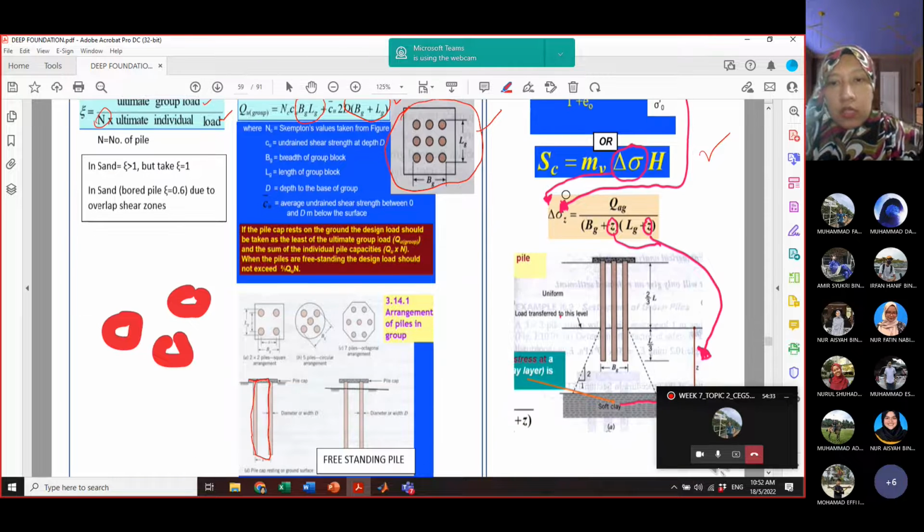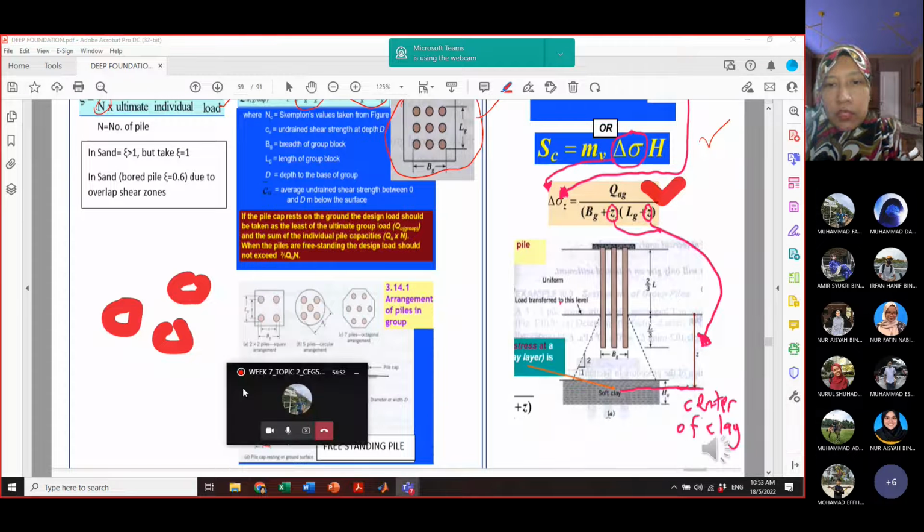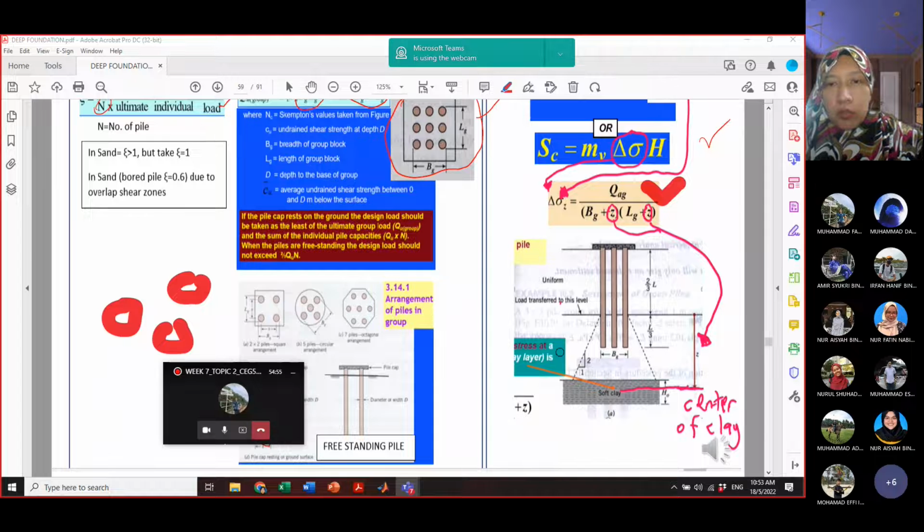So dia contohnya dalam this case, kalau you nak dapatkan the changes in effective vertical stress, delta sigma V, so kita kena calculate dulu berapa ultimate pile group, kemudian what is the (BG + Z) times (LG + Z). So in this figure also shows you that bila kita ada pile group, the stresses ataupun the settlement can be estimated by this way dengan stress distribution in ratio 2:1 dengan dia punya L/3 and somehow 2/3.